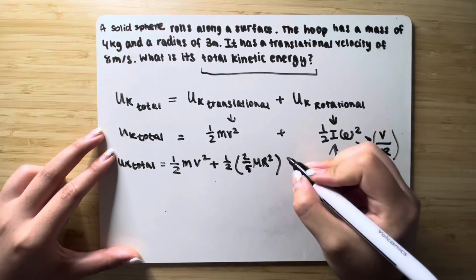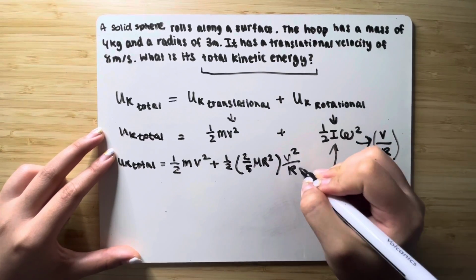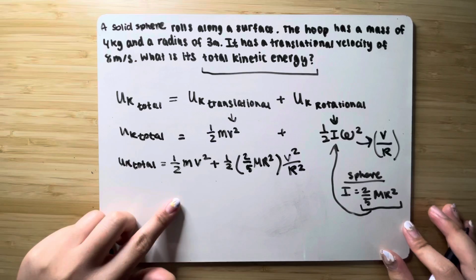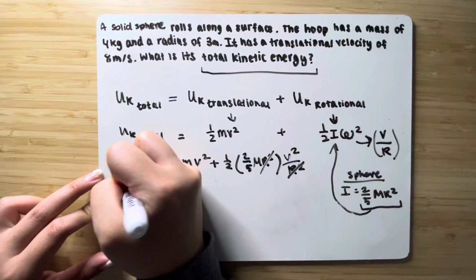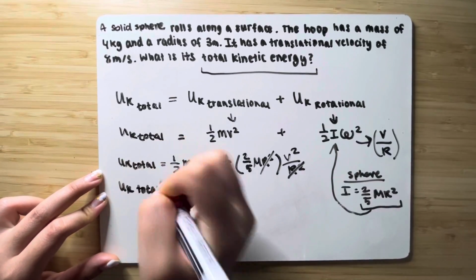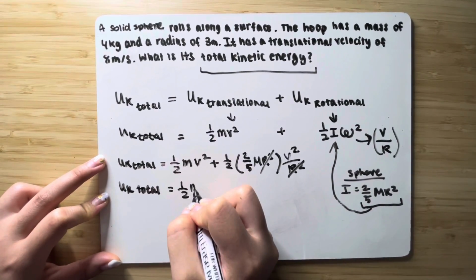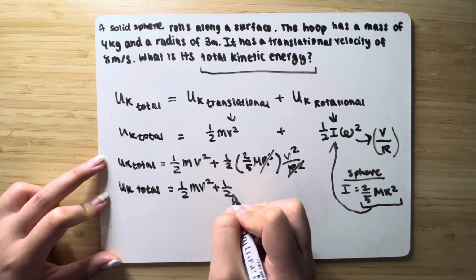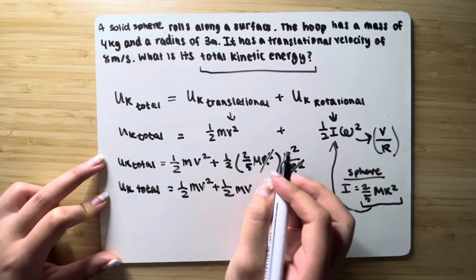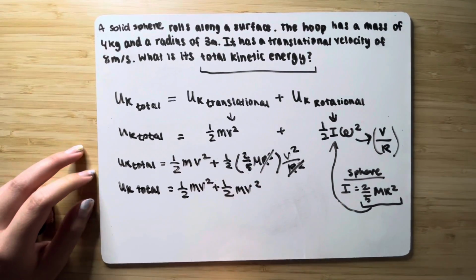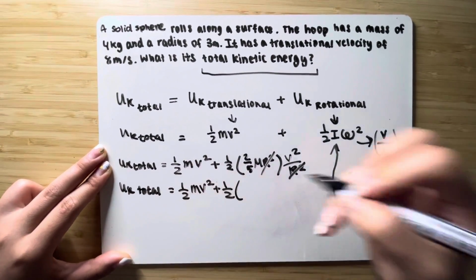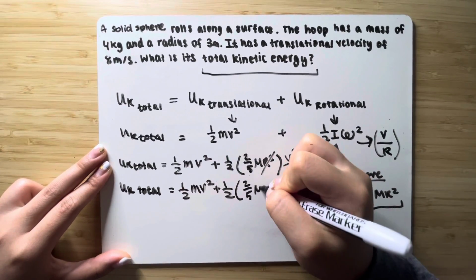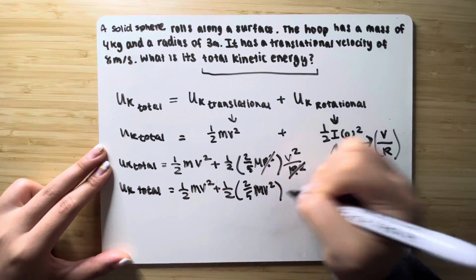Omega squared is going to be the same thing as v squared over r squared. Okay? Then you can cancel out r squared. You're left with UK total equaling to 1/2 mv squared plus 1/2 mv squared. Now, notice that I made a mistake because it's 1/2 times 2/5 mv squared. Okay?